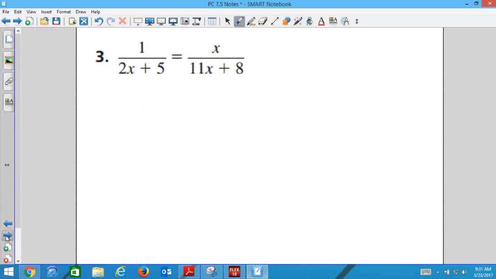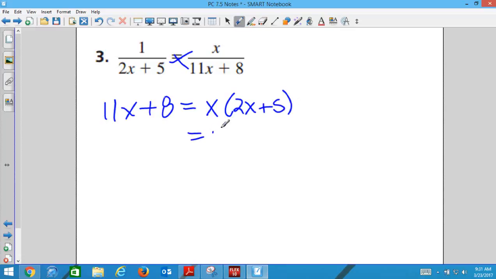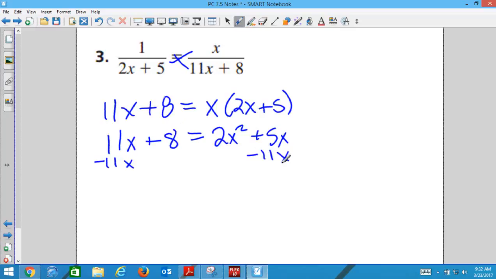Okay, the last one, when you cross multiply this one, we've got 11x plus 8, and then on the other side we have x parenthesis 2x plus 5. So when you distribute, you're going to get 2x squared plus 5x. And from there, we have an x squared, so you're going to have to set it equal to 0 to solve it. You'll either be solving it by factoring, or you'll solve it by quadratic formula.